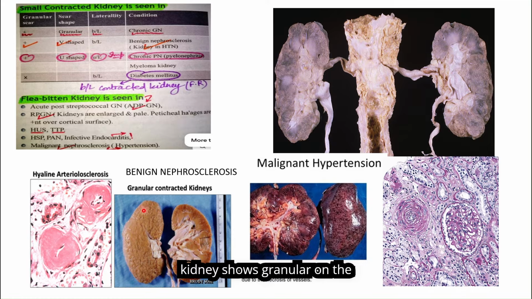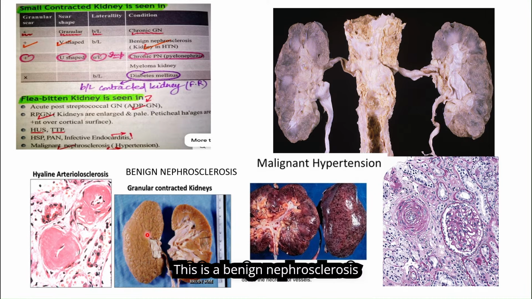This kidney shows granularity on the outer surface and small contracted in size. Here kidney shows small petechiae or red colored dots on the outer surface of the kidney. So this is the chronic pyelonephritis appearance in the gross specimen.